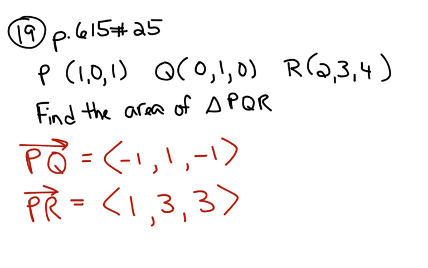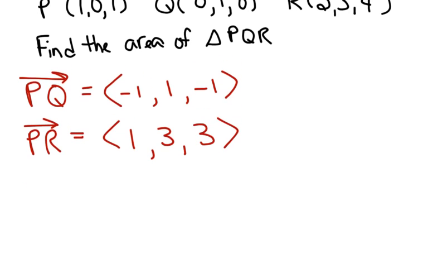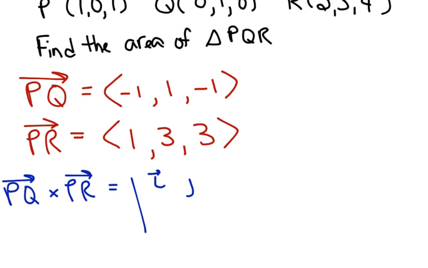Once I know PQ and PR, the next thing we're going to do is find their cross product. So I'm going to have I, J, K in the top row, -1, 1, -1 in the second row, and 1, 3, 3 in the third row.